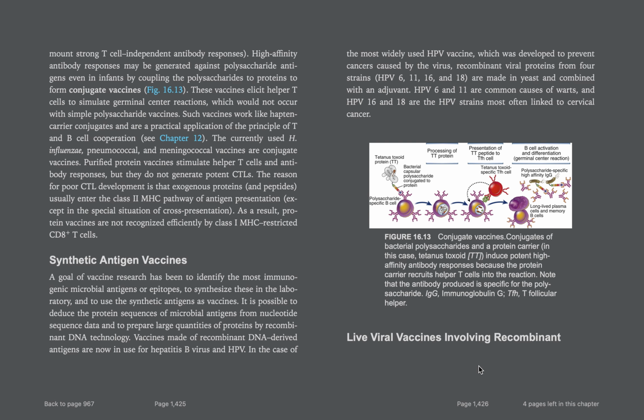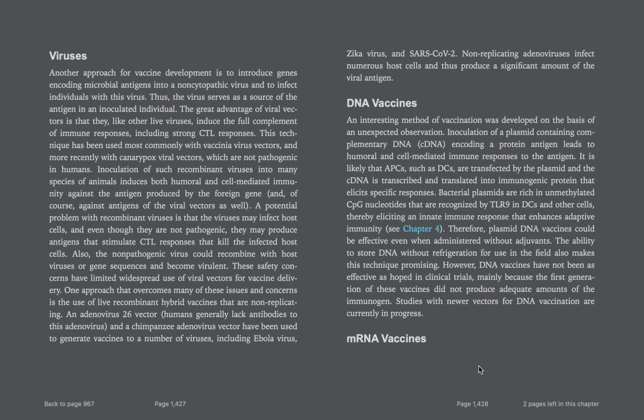We also have live viral vaccines involving recombinant technology. Here, another approach to vaccine development is to introduce a gene encoding a microbial antigen into a non-cytopathic virus and to infect the individual with this virus.